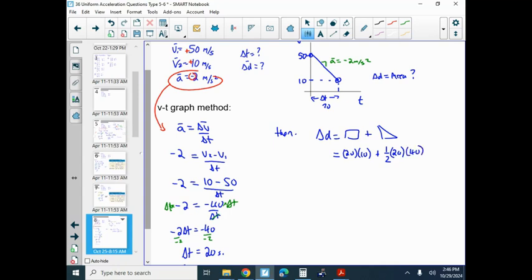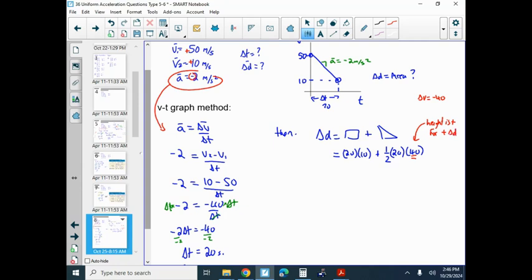And notice this is important because I'm going to be relying on you recognizing this later on. Technically, delta v equals -40, right? But as the height of a triangle, representing positive displacements forward and so on, we just put that as a positive value. So height is positive for positive displacement.